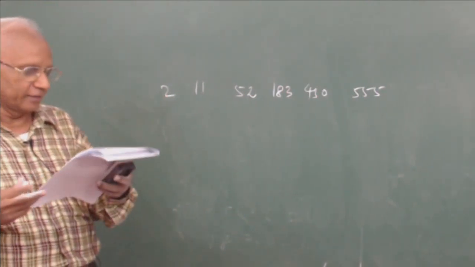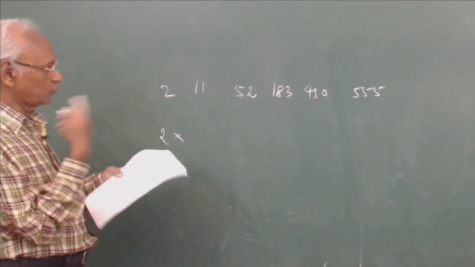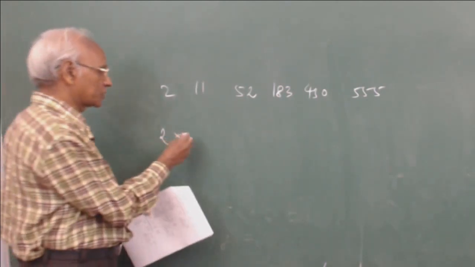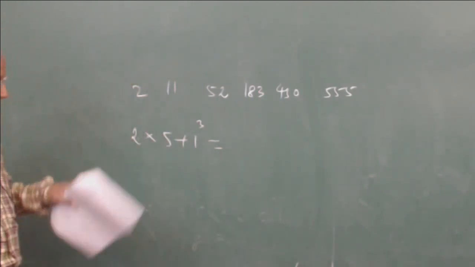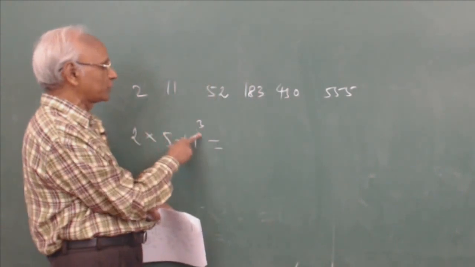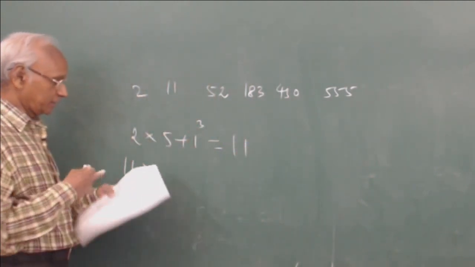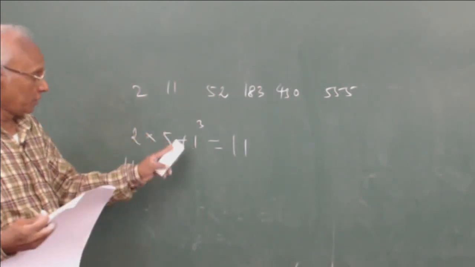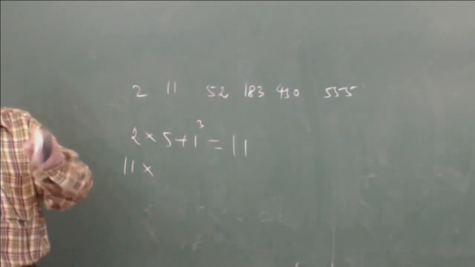If you think like that and work it out, from 2 you have to get 11. So it works out like this: 2 into 5 is 10, 10 plus 1 cubed. Because it is cube, it is going to increase, but because 1 cubed is only 1, it becomes small. Next it will be different. If you take 11 into 6 it will exceed, so a twist is there.